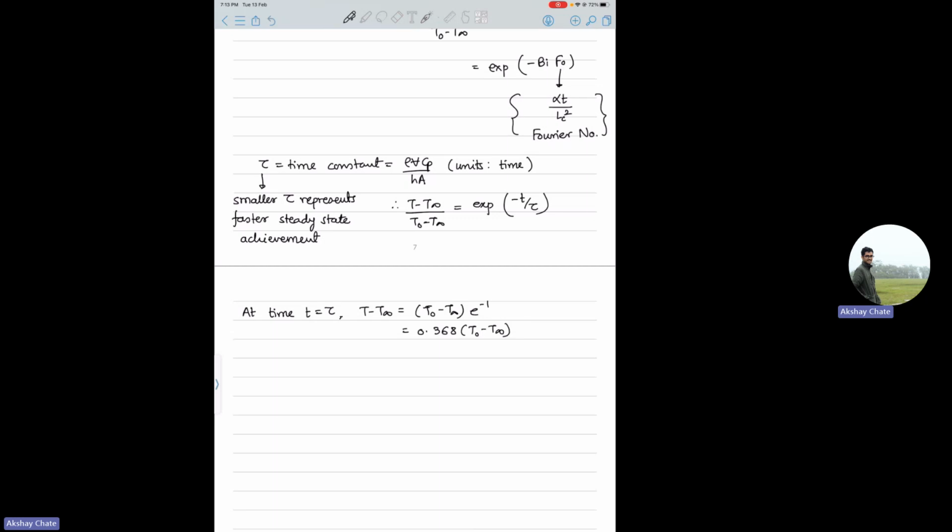So the thermocouple is the classical case where you need lumped analysis because the Biot number is typically less than 1, and it's a spherical bead that is inserted in any flow.